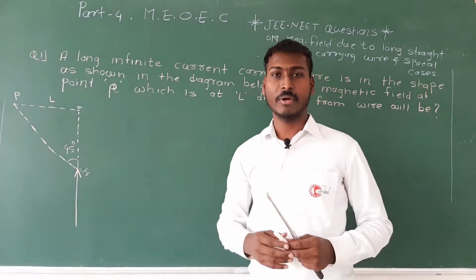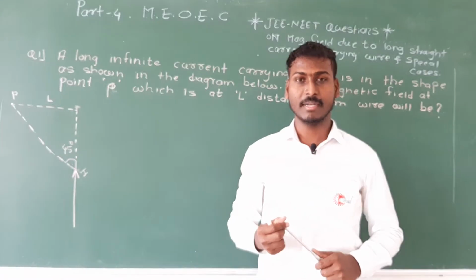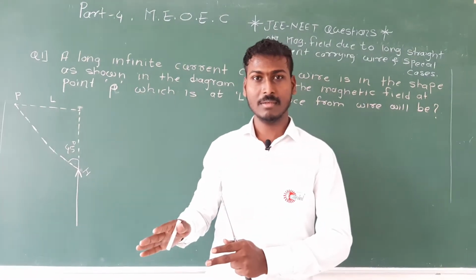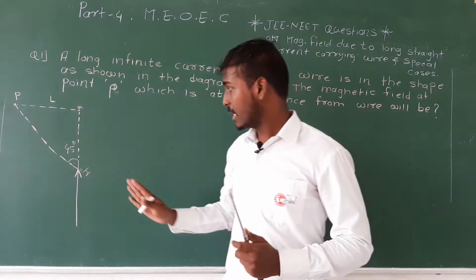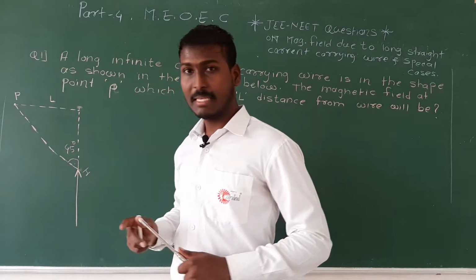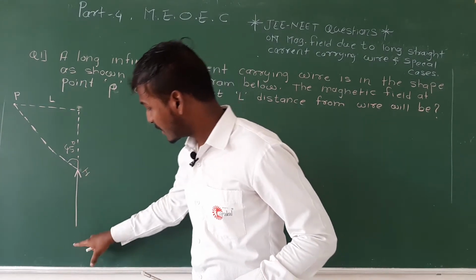The most important point, as it is an infinite current carrying conductor, definitely we will go to the formula, which one? Cos alpha plus cos beta or sin theta 1 plus sin theta 2. Here a 45 degree angle is given, but this is the long straight conductor which is coming from infinity.